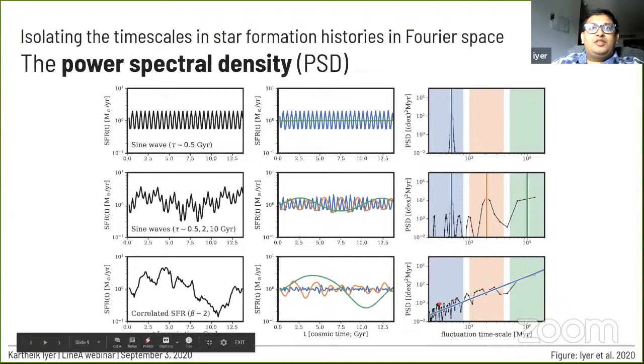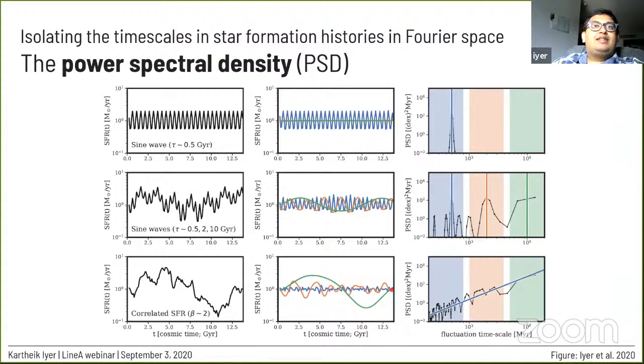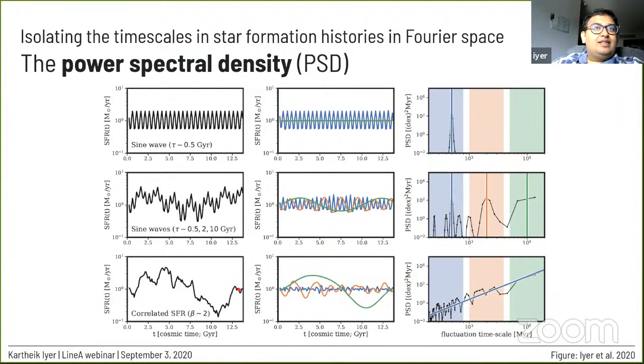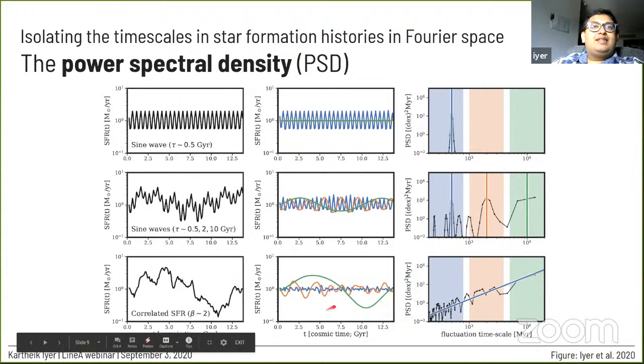And this slope shows that most of the power lies on the long timescale, followed by power on intermediate timescales, followed by power on the shortest timescales. And because the process is correlated, it means that the power on a certain timescale is also related to the power on other timescales by this slope.